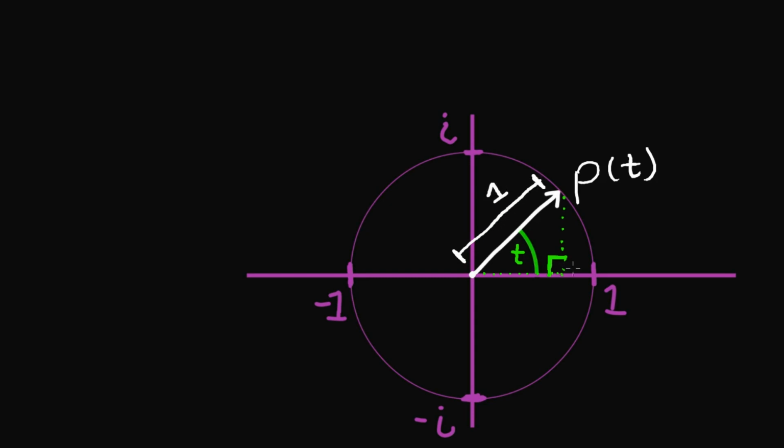We started with this arrow of length 1 and we rotated it, it didn't change the length. And then from trigonometry, we can get these lengths. This side has length cosine of t. And this side, this isn't the actual complex number, but it has length sine of t.